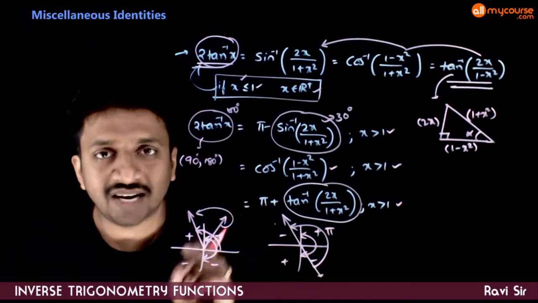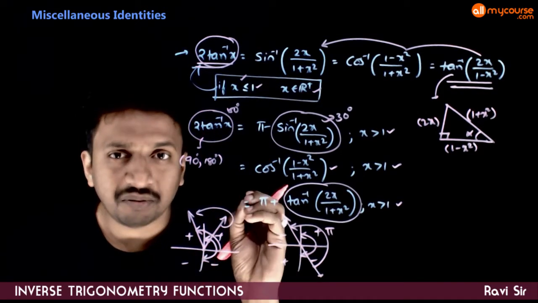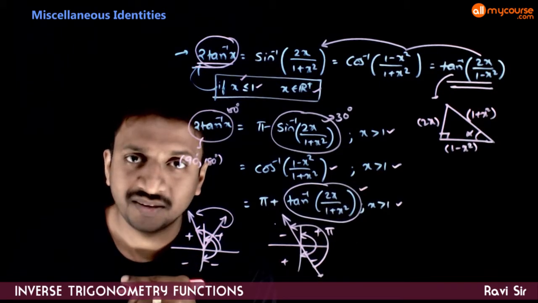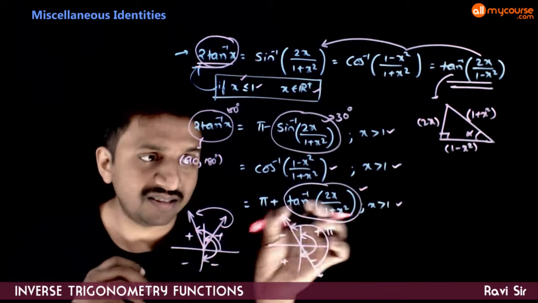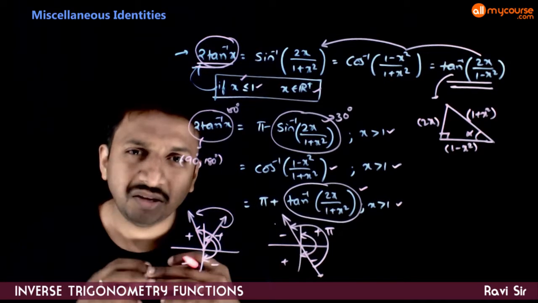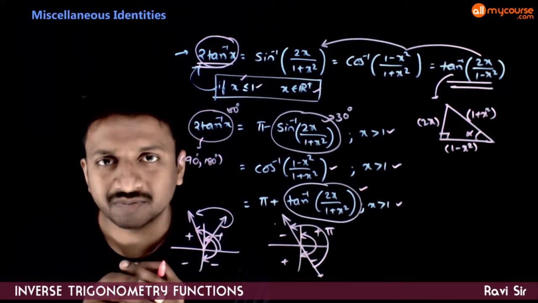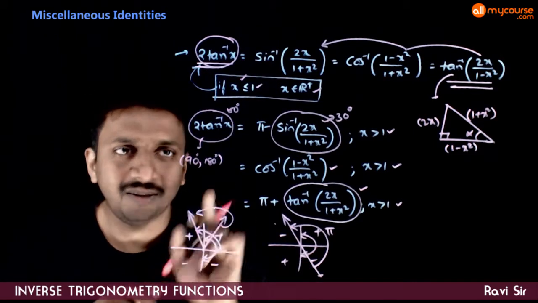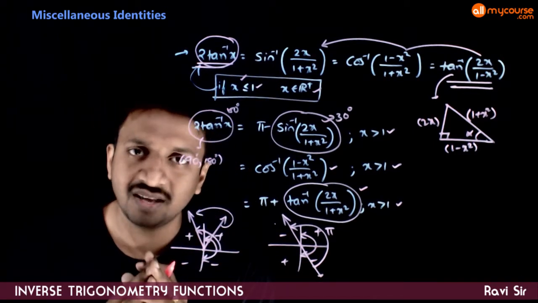So I hope you are understanding the manipulations that are involved in deriving the formulas. So if you understand these simple manipulations, you don't need to remember a lot of formulas. So the basic formulas, if you remember, you can do the manipulation depending on where the LHS lies.